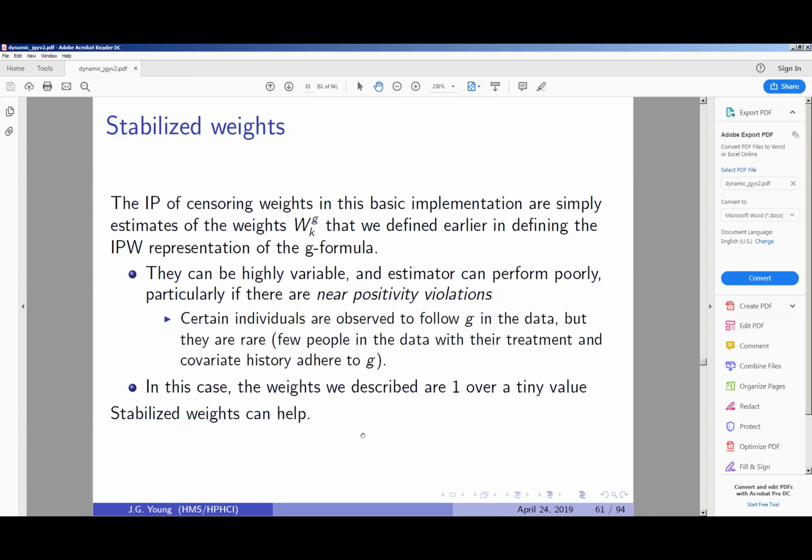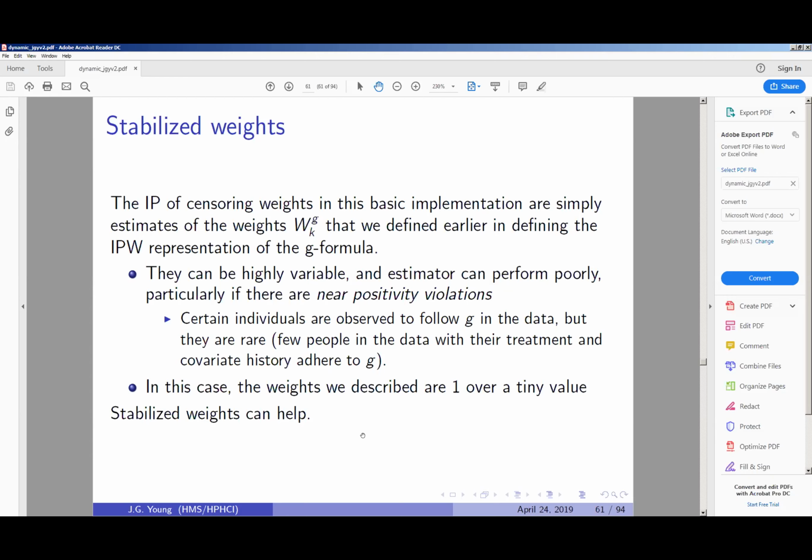So this can perform very poorly, for example, when there are so-called near positivity violations. Remember, true positivity violations mean that given your measured confounder history, the chance of adhering to the intervention at the next time is truly 0.